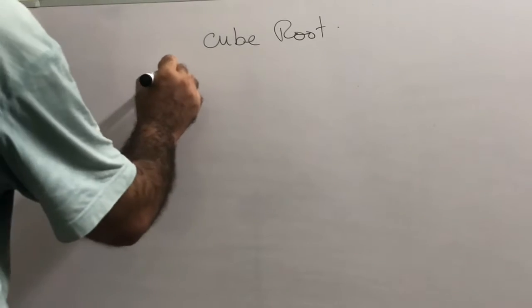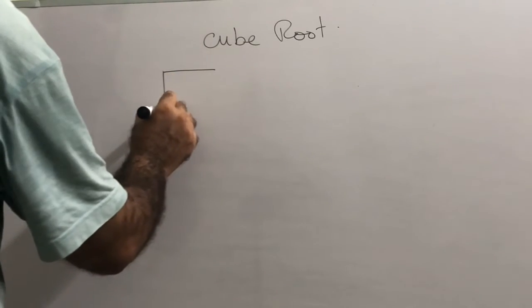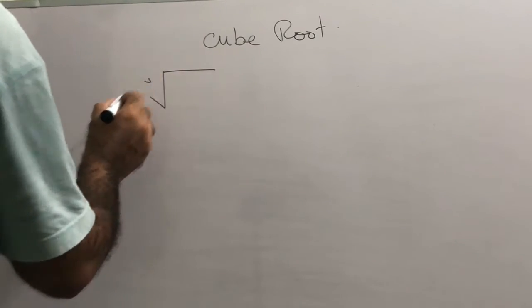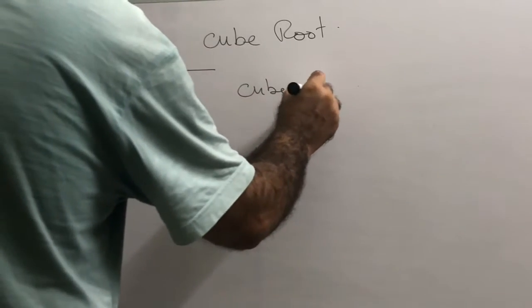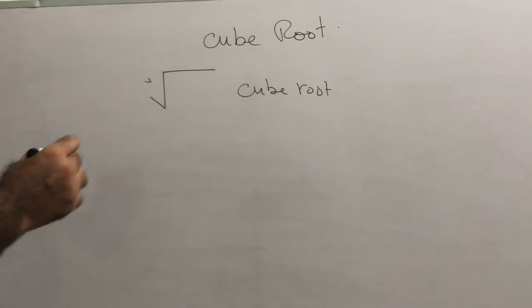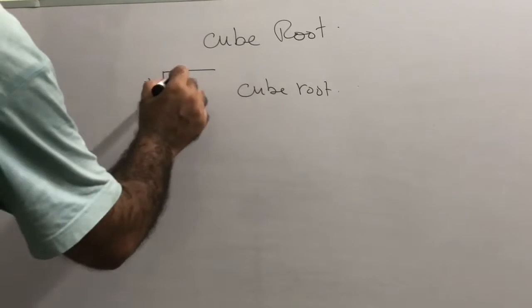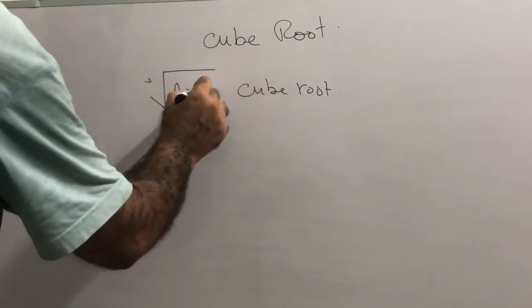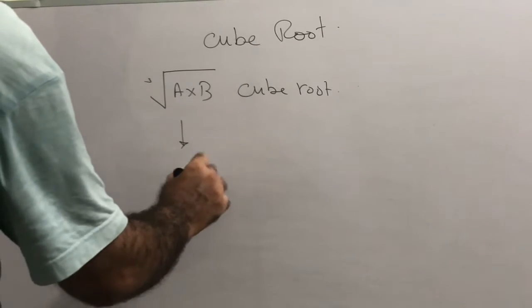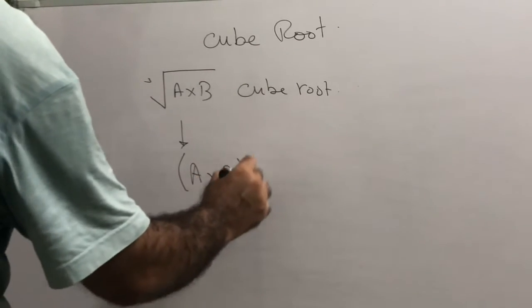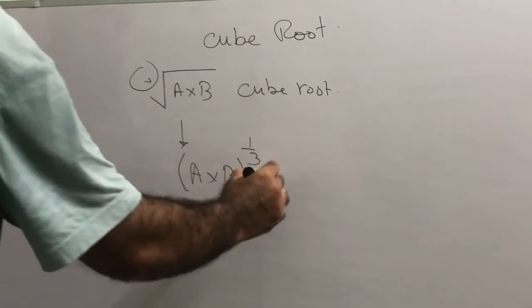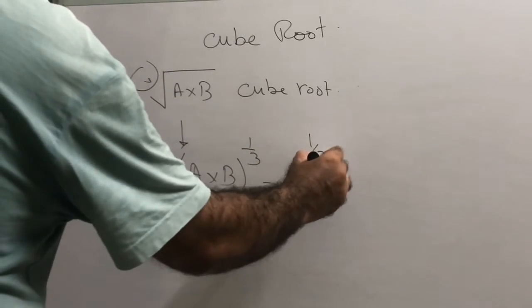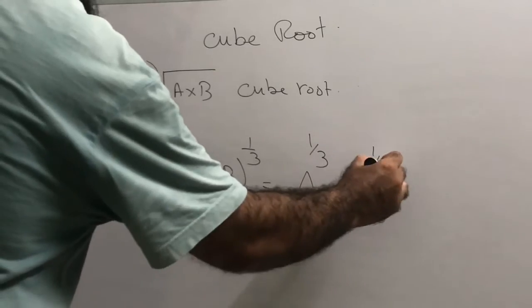The symbol for this is a sleeping line, a standing line, with a small 3 here. So this is a cube root, and its meaning is that any matter inside has the power 1 over 3. Here it is 3, so we write 1 over 3. In this way, A will get the power 1 over 3, B will get the power 1 over 3.